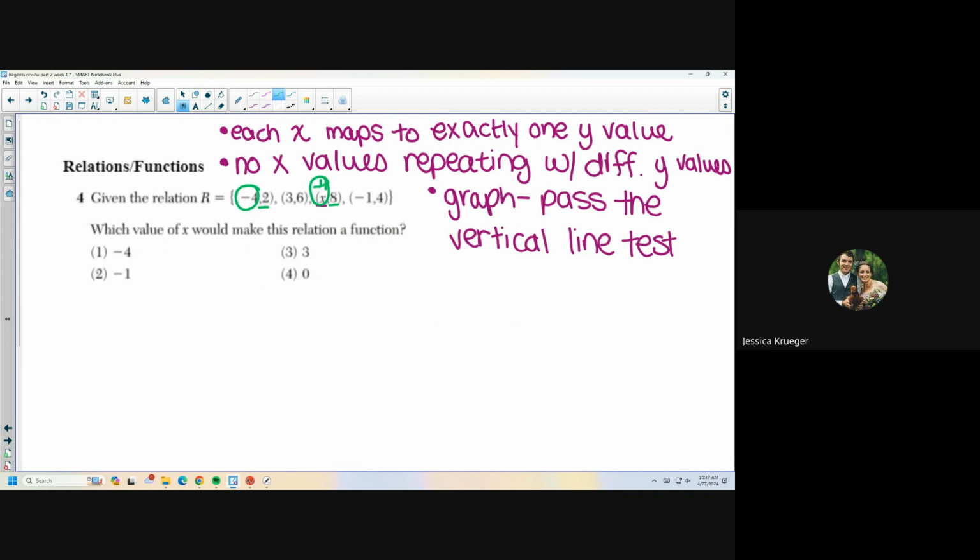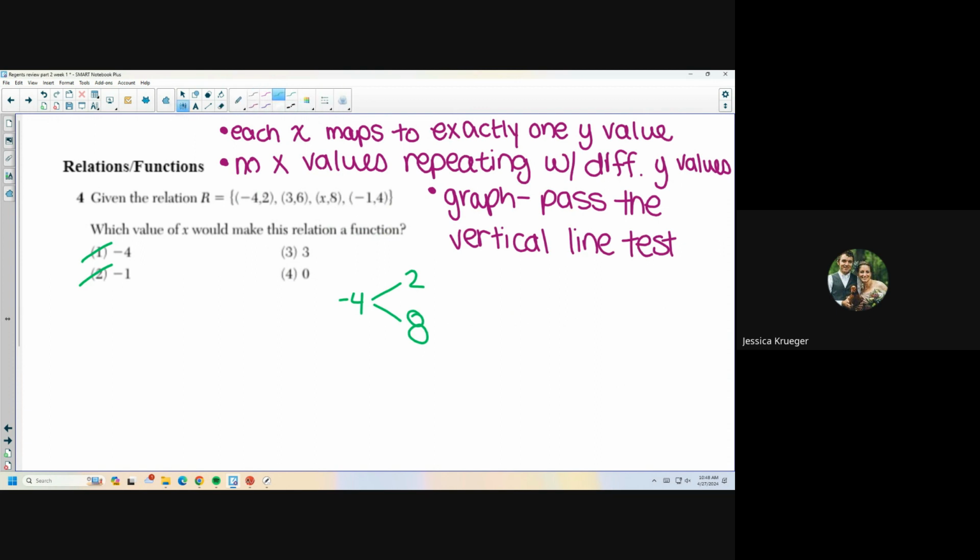So here's an x value, -4, that maps to 2 different y values. That is not a function. If I try replacing x with -1, same thing happens. I end up with x's that are repeating and they're mapping to different y values. That is not a function.